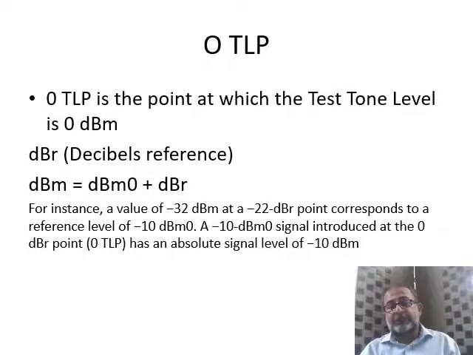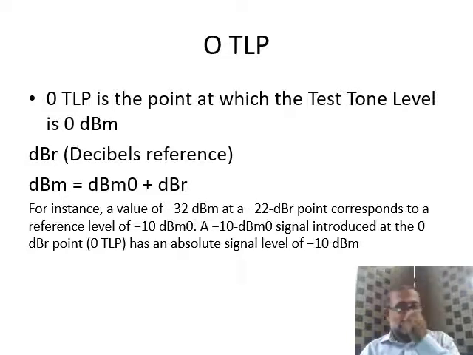For example, if we have minus 32 dBm of a signal at minus 32 dBr point, it corresponds to the reference level of minus 10 dBm0. It means that a minus 10 dBm0 signal introduced at 0 dBr has an absolute signal value of minus 10 dBm.